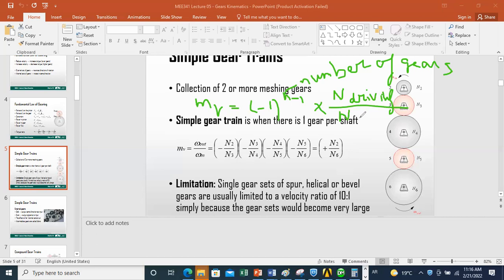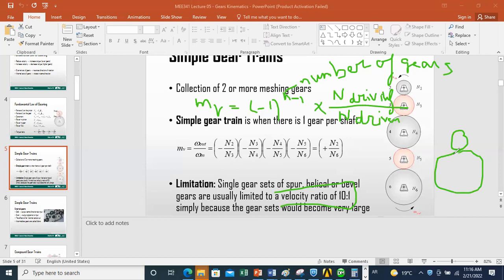Okay, now why do we use such trains? Because it's not recommended, okay, for just 2 gears to have a velocity ratio larger than 10/1. Because if you have a ratio larger than 10/1, the dimensions, you know that the velocity ratio is inversely proportional to the radii ratio or diameter ratio.